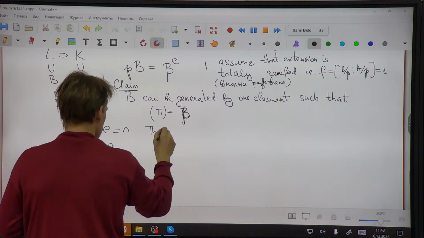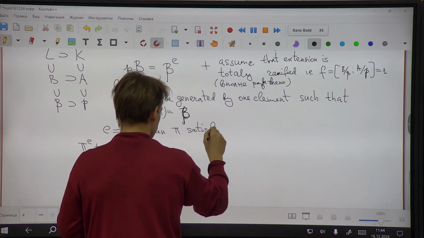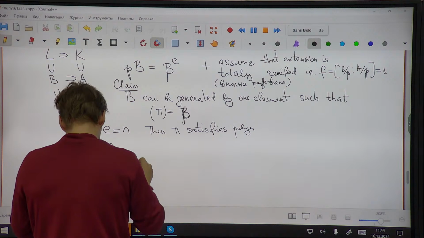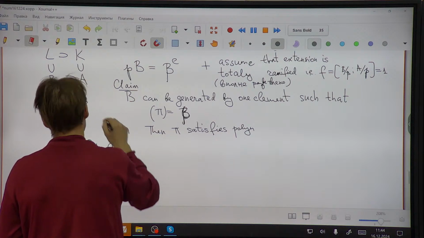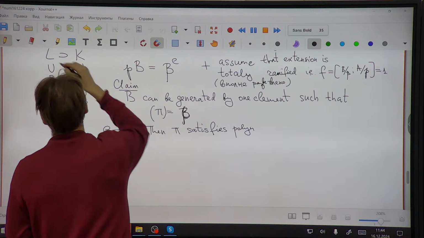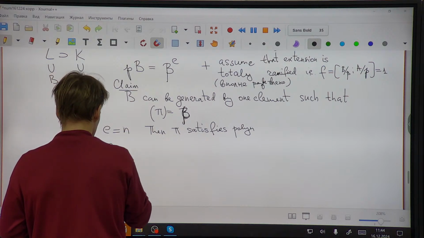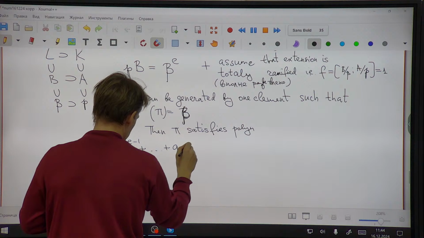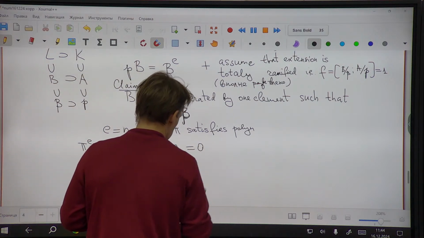And what can be said about this polynomial?